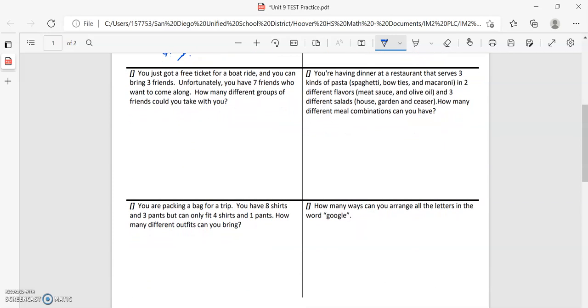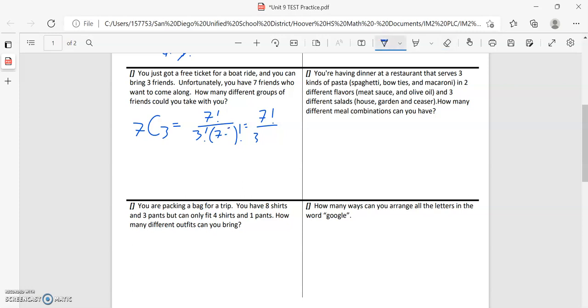Okay, we have a free ticket for a boat ride. You can bring 3 friends. Unfortunately, you have 7 friends who want to come along. How many different groups of friends could you take with you? So this is a combination problem. 7C3. So 7 factorial over 3 factorial. Oh, this should be a 3 here, not a 4.